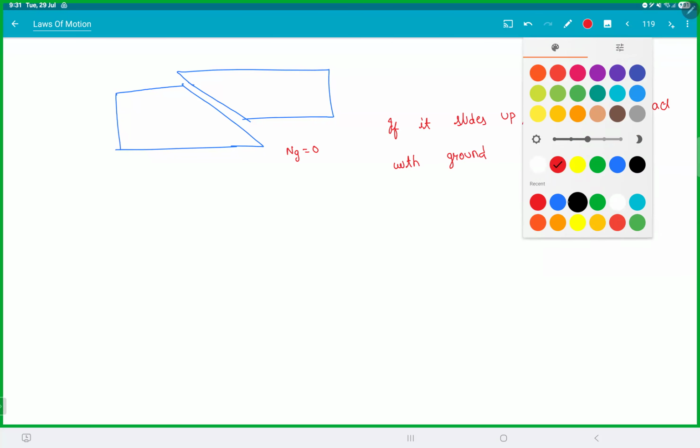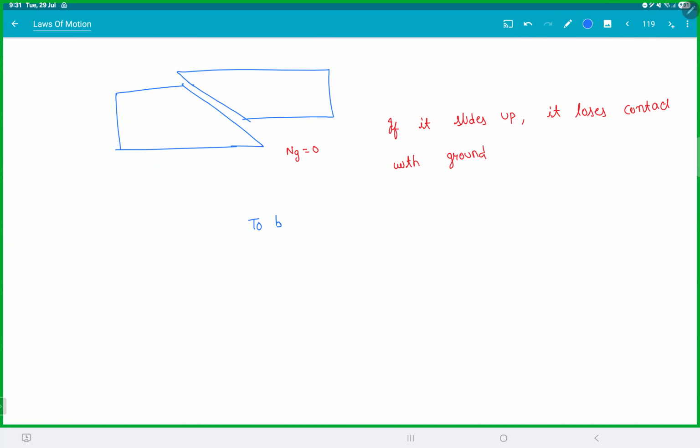Right? So to be in contact, normal reaction should exist. That means Ng must be greater than or equal to 0. Equal to because you are just leaving contact.